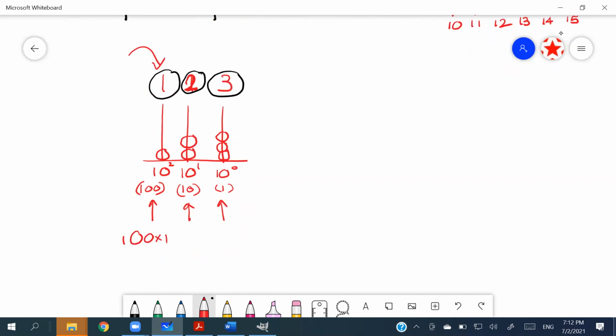And who has the lowest weight? It's 3, because it says 3 in 1, right? So this is a particular place which represents the most significant value, which is the 1, and the least significant value, which is the 3, right?